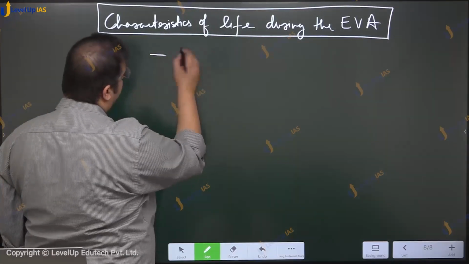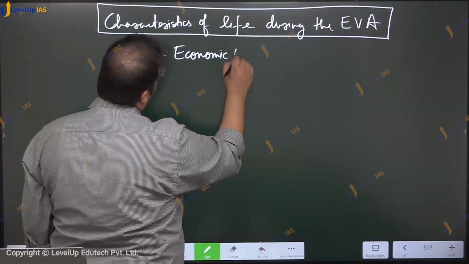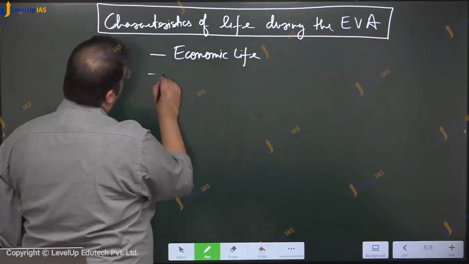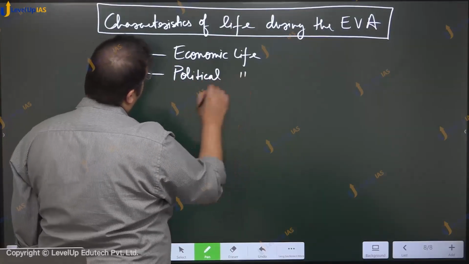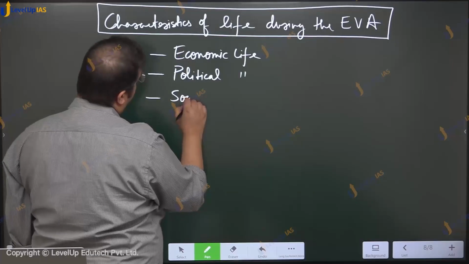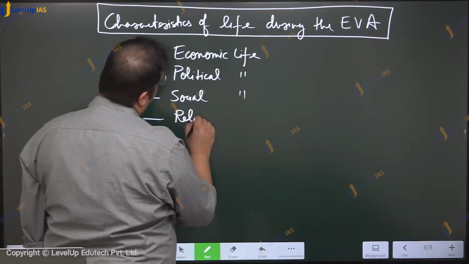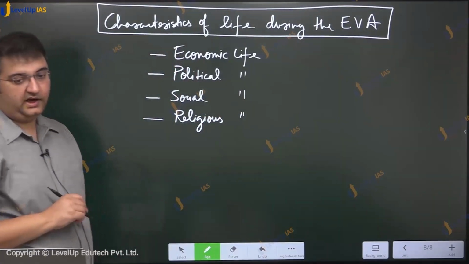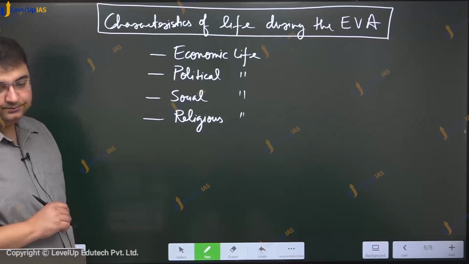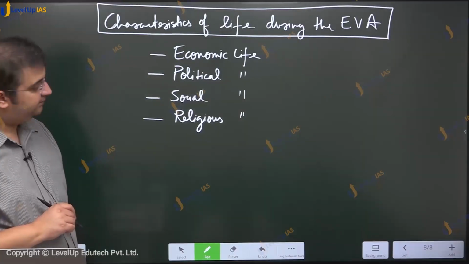Their, let's say, economic life, their political life, their social life, and their religious life. Right? One by one, we are going to talk about the important characteristics of these aspects of the early Vedic life.